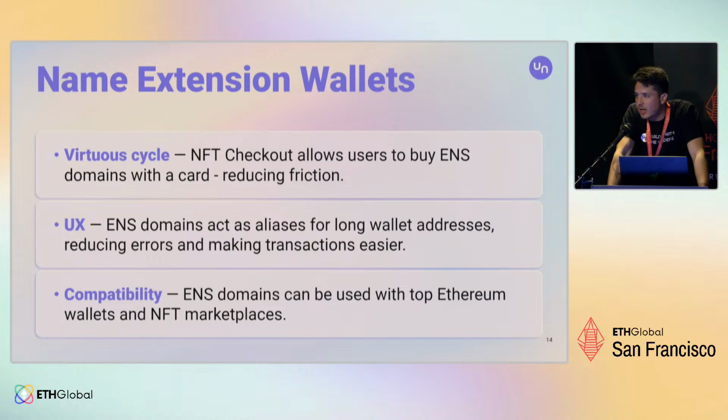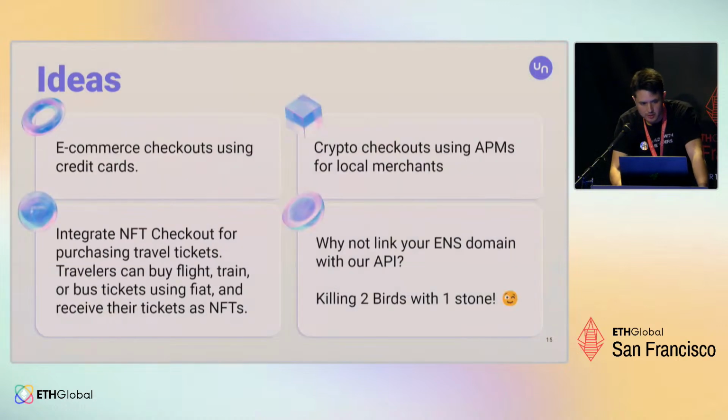Their alias links their whole experience, their whole wallet, to every other decentralized app or every other interaction that they have on-chain. And of course, it gives them compatibility with top Ethereum applications such as NFT marketplaces and so on and so forth.